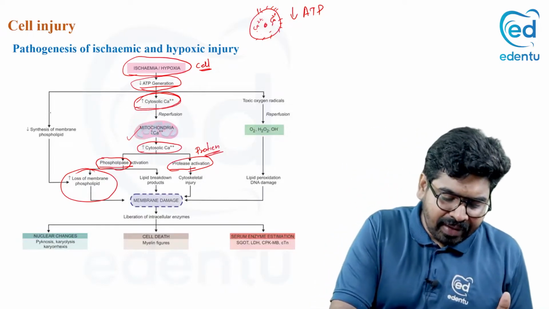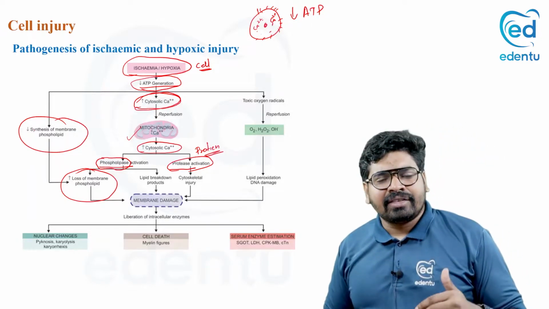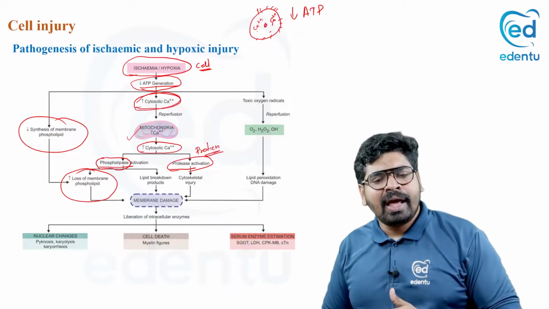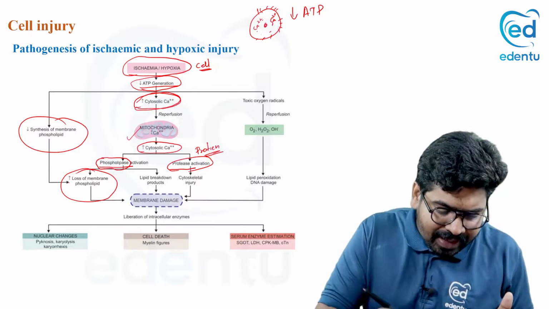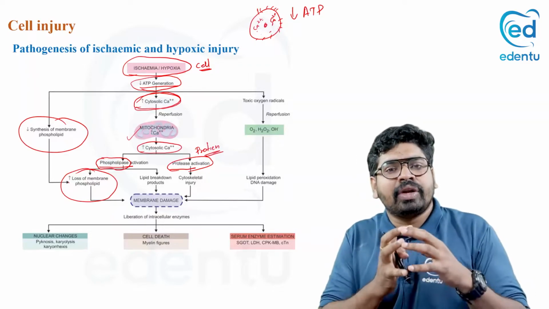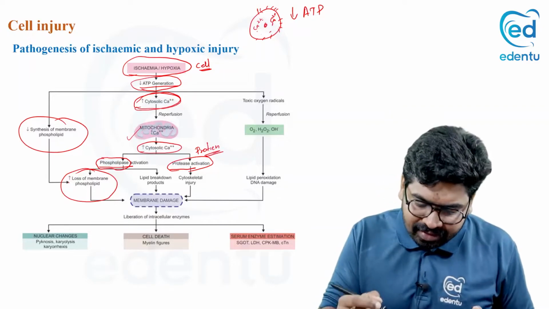The reduced ATP also reduces the synthesis of cell membrane. As there is reduced ATP, there is reduced synthesis of cell membrane, and the phospholipase also increases the digestion of cell membrane. So there is collateral damage there.